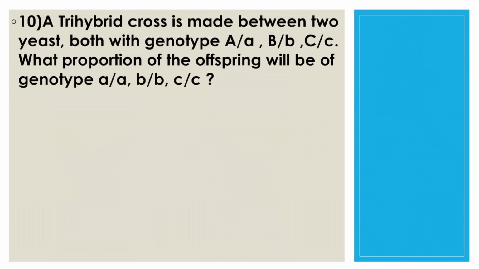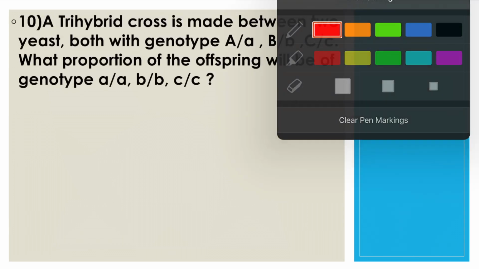Next question is, a trihybrid cross is made between two yeast, both with genotype trihybrid. This is a trihybrid cross. I made a video on trihybrid cross and their genotypic ratio and phenotypic ratio. What proportion of the offspring will be of this genotype?